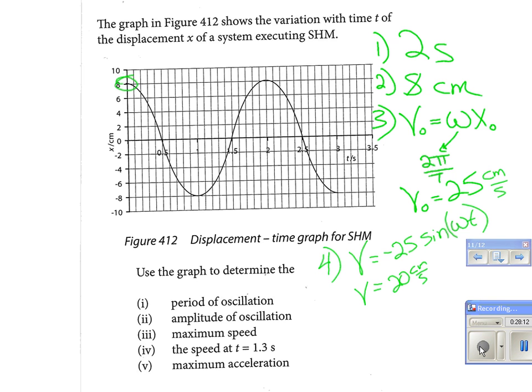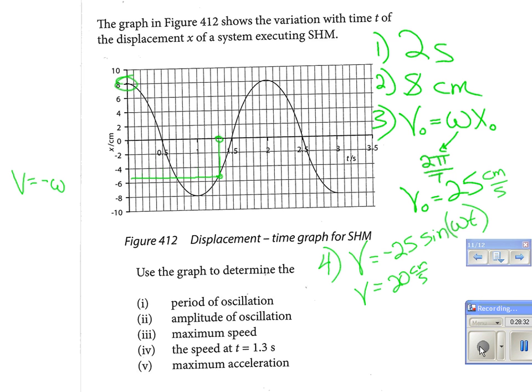Okay? Another way to do this if you wanted to was to say 1.3 seconds is right here. My displacement at that time is about negative 5. And then you could use this equation. What was this equation? Help me out here.